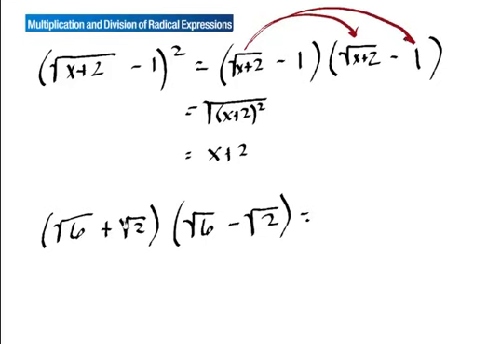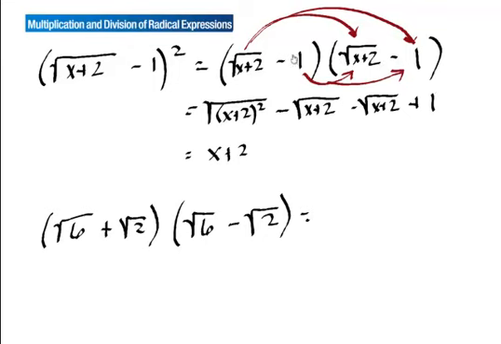I'm going to go from here to here, and I'm going to end up with minus square root of x plus 2. Doing this again, but going this way and this way, I'm going to have minus another one of these square roots of x plus 2, and then a plus 1.